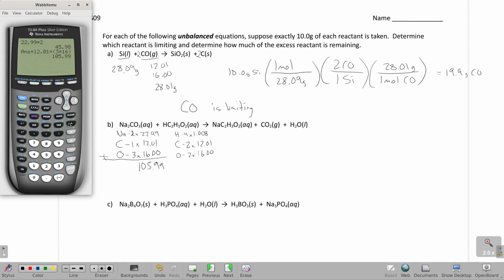So 4 times 1.008 plus 2 times 12.01 plus 2 times 16. The molecular weight of acetic acid is 60.05.